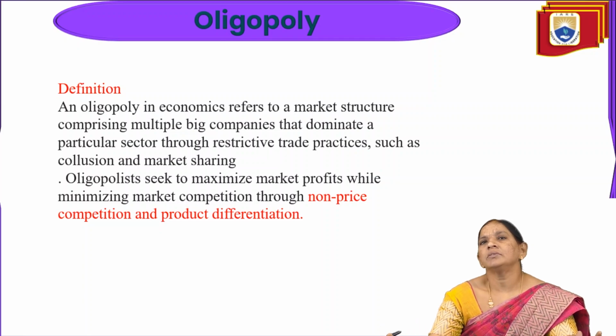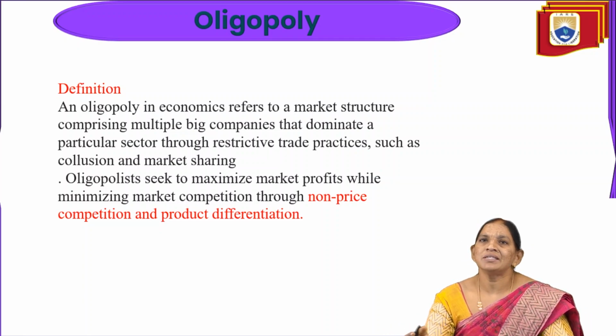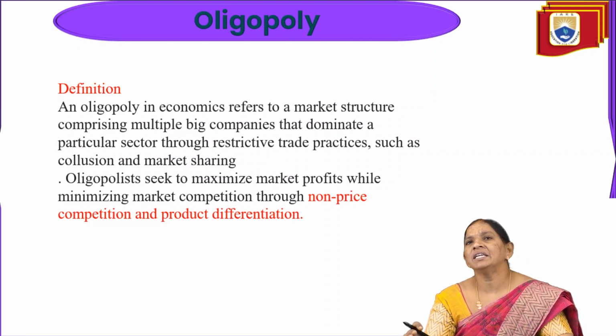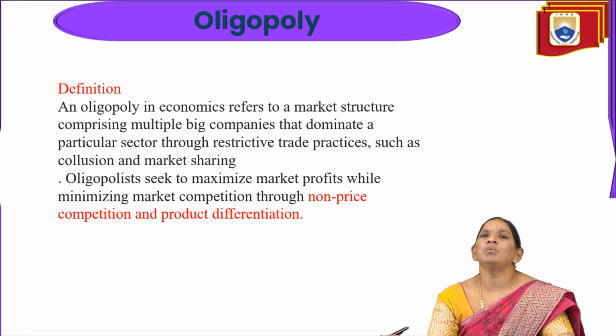Means in the economic point of view, when you come under the market structures related to the production sector, we can identify the companies that dominate a particular sector, where only a few firms will be there. They are the only producers and they dominate the total market with the help of collusion.